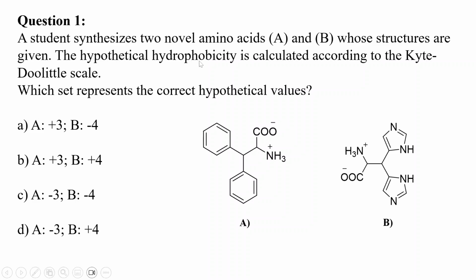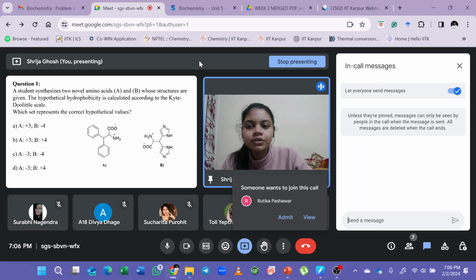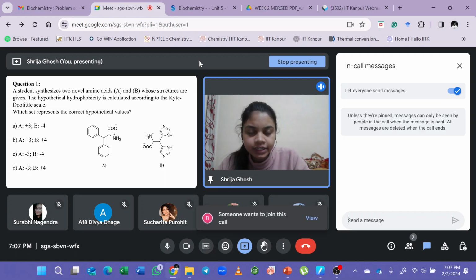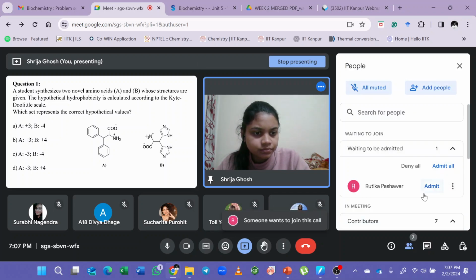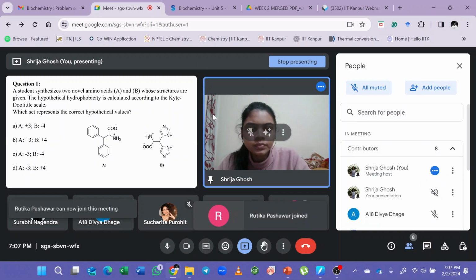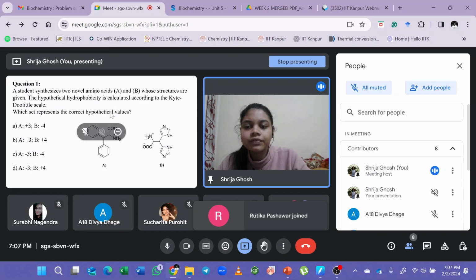Which set represents the correct hypothetical values? We have different values given for the Kyte-Doolittle scale, and we have to tell which of the values could be correct for the given structures.